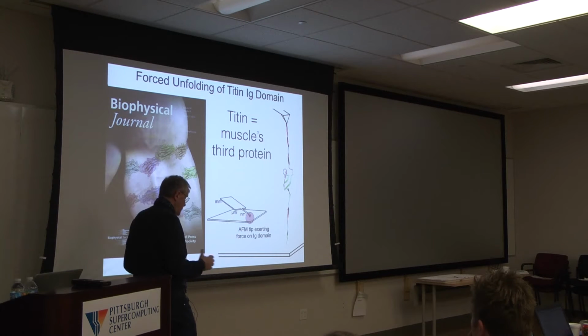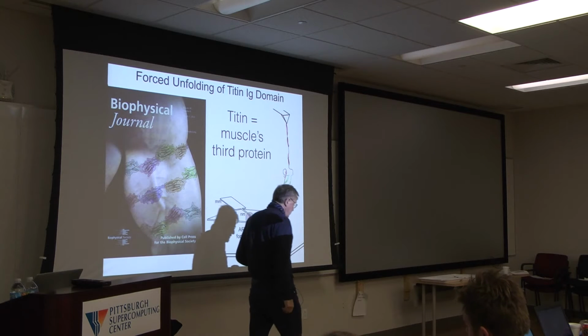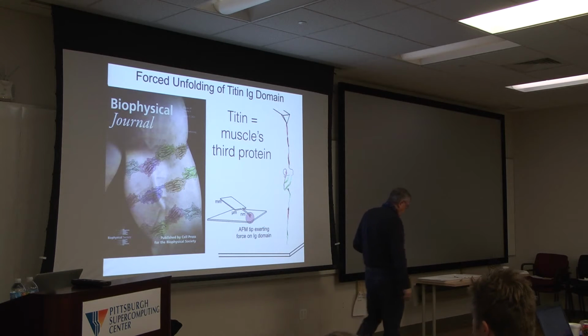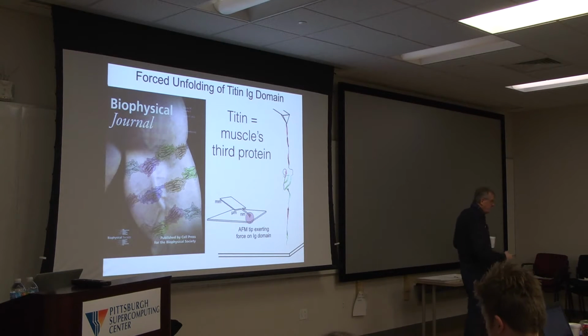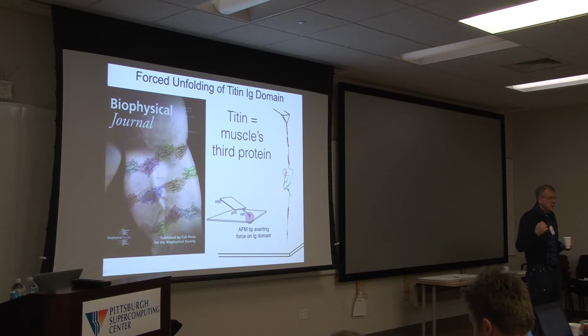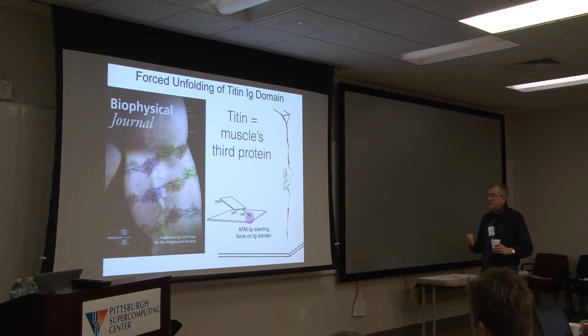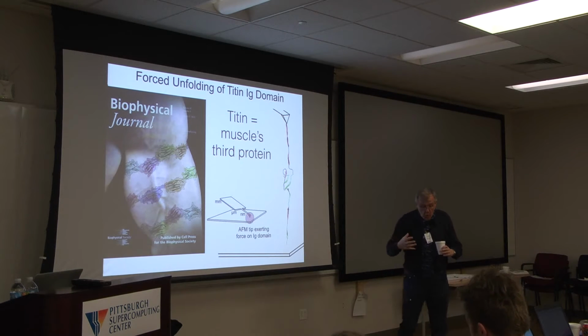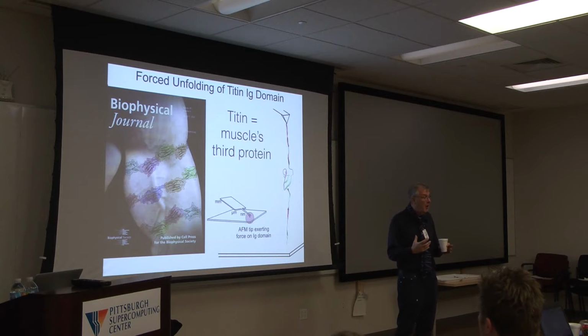In muscle proteins, we have 2 proteins, myosin and actin, that form the power stroke in the muscle, but there is a 3rd protein that's absolutely necessary, that is holding the structure of the muscle together as it contracts and expands.